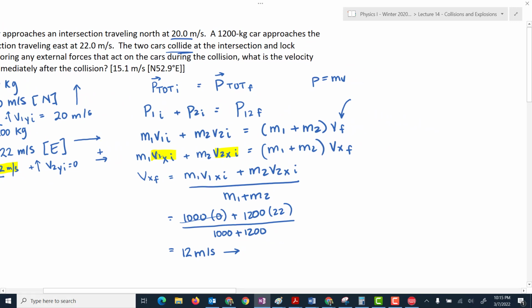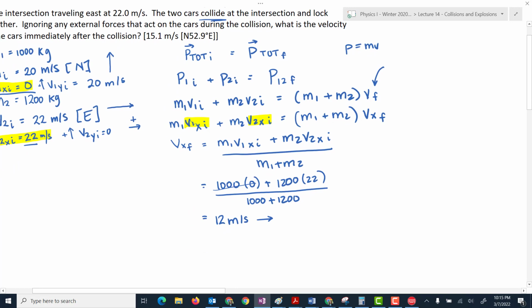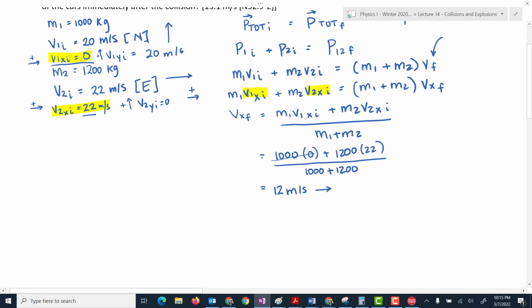I can do the same thing now to find my vy final. I'll do it down below. The equation is going to be exactly the same, so I can rewrite everything to make it more clear. It's going to look just like this equation over here, and when I rearrange it, it will look just like this, except everything that says x in it is now going to say y.